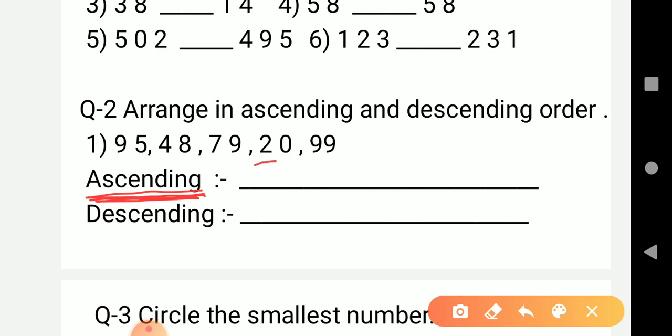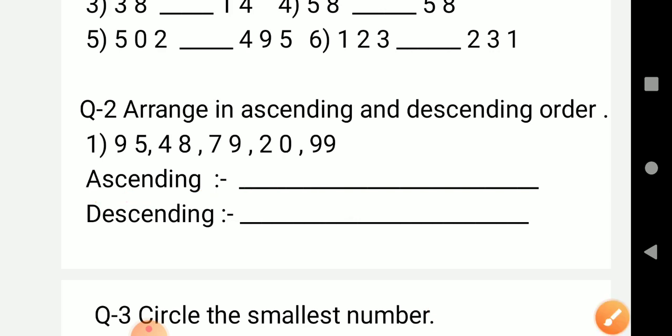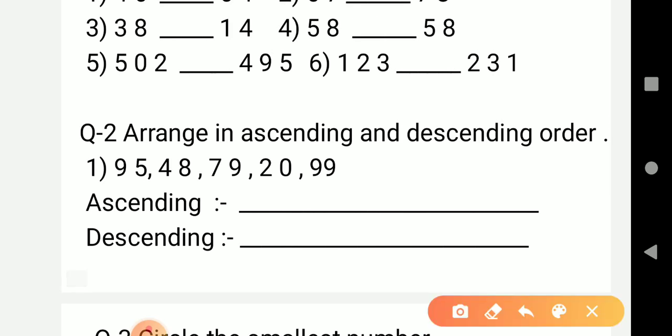See, 20, then after, which tens is smaller? 4, 48, then after, 79.